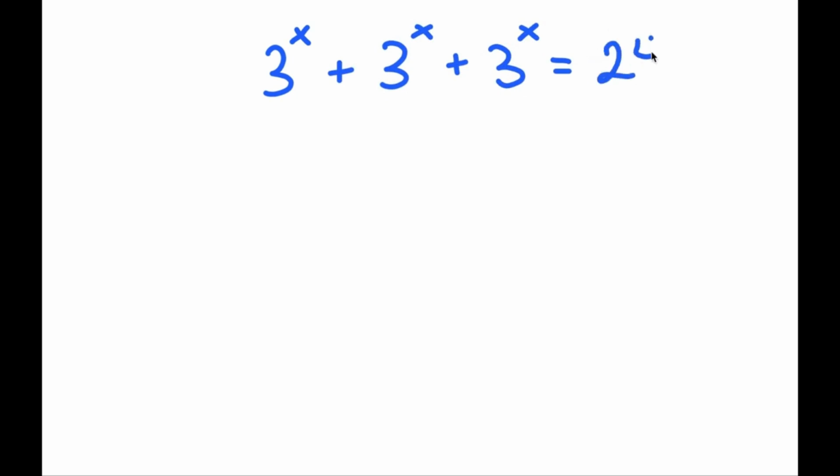Alright, so in this video, I'm going to solve the equation 3 to the power of x plus 3 to the power of x plus 3 to the power of x is equal to 243.